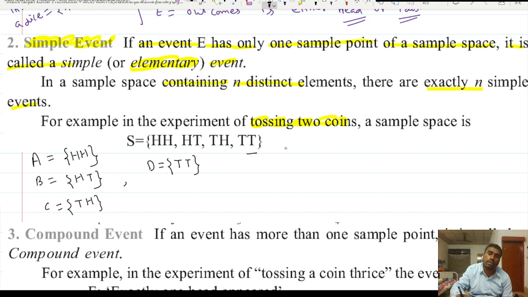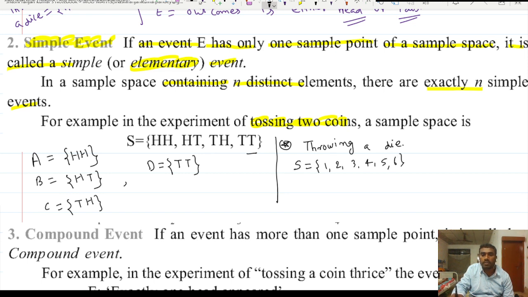Let us take one more example. Here we are throwing a die. If we are throwing a die, what is the sample space? We all know that it is 1, 2, 3, 4, 5, 6.